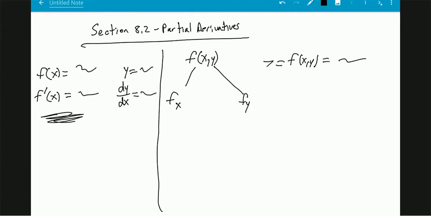Sometimes you might see it as z equal. But anyway, the notation that they're going to use is Leibniz notation, but instead of using a d like we did in Cal 1 over here, they use this fancy script d. So don't really think anything of it.